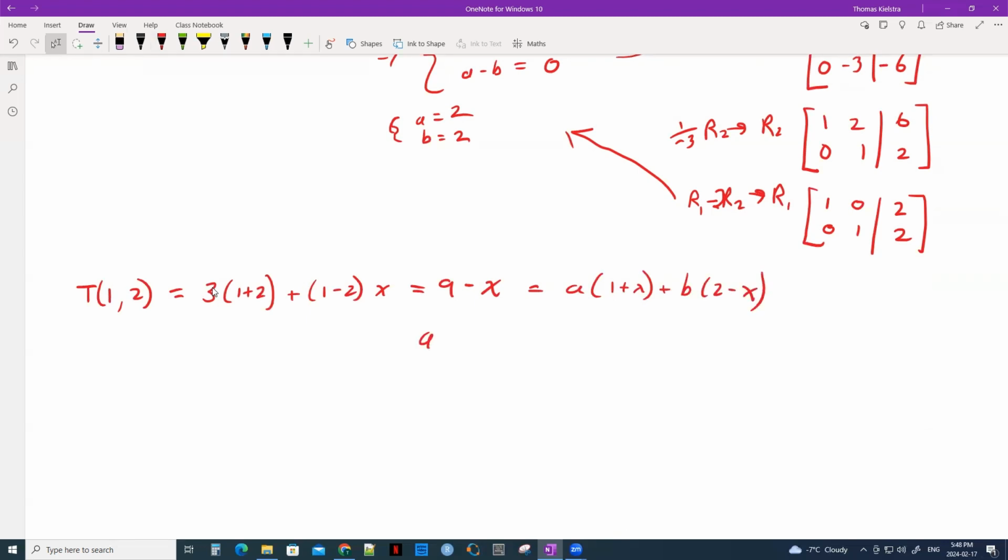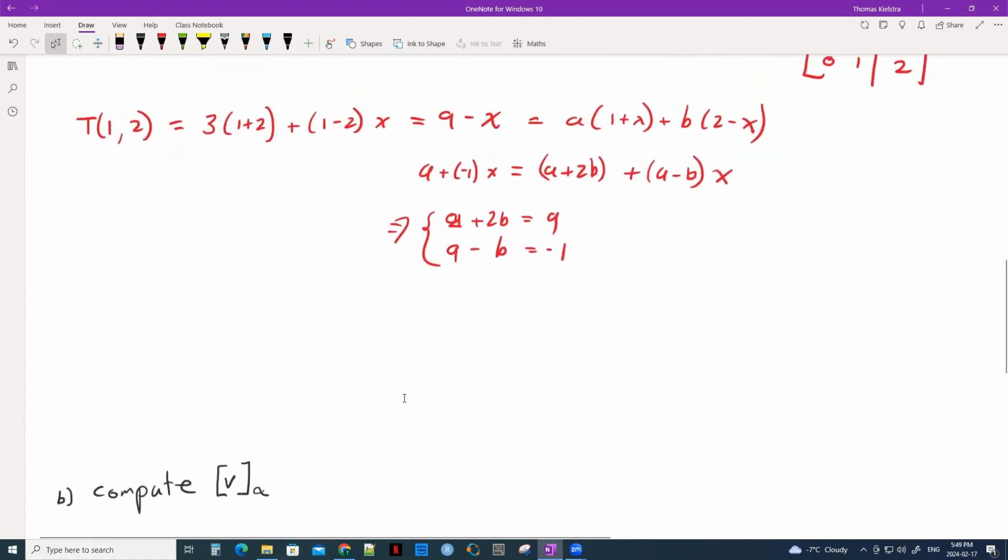So 9 plus minus 1 times x is equal to a plus 2b plus a minus b times x, giving us the system of equations a plus 2b equals 9 and a minus b equals minus 1.